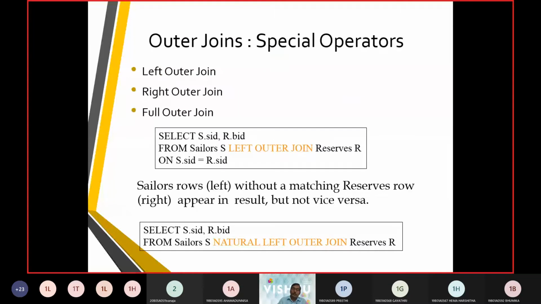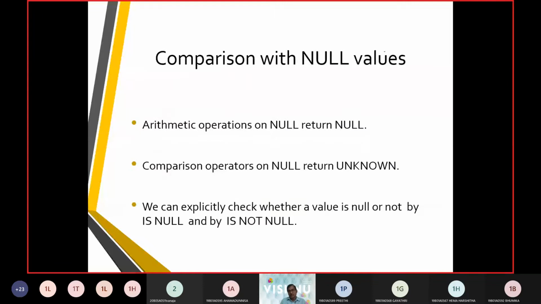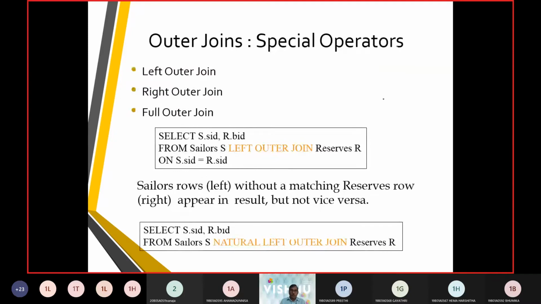Why are we going to promote null in this case? The reason for promoting null here is that we should work with joins. That is left outer join, right outer join, and full outer join.